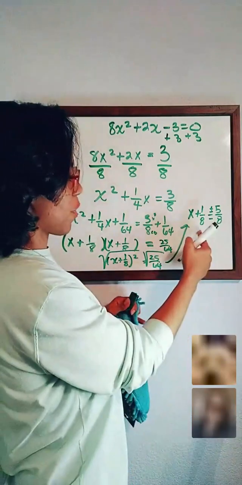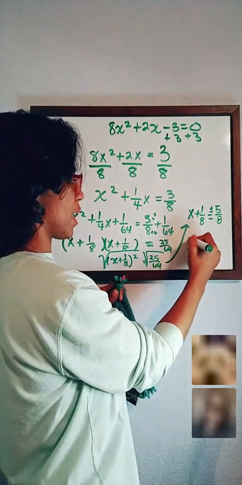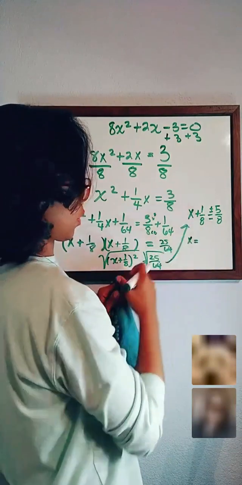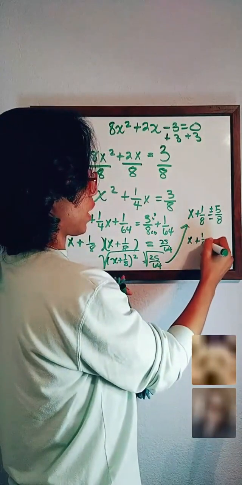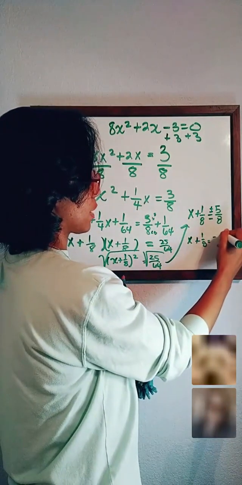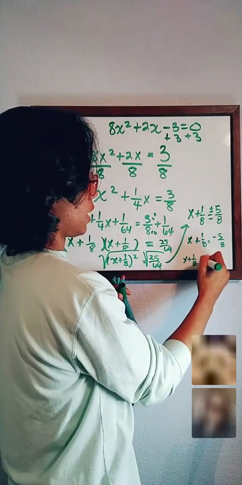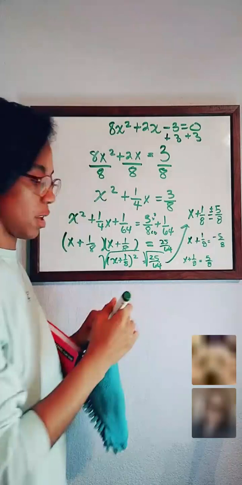So now x plus 1/8 is equal to negative 5/8, and then x plus 1/8 is equal to positive 5/8. Boom, there y'all go.